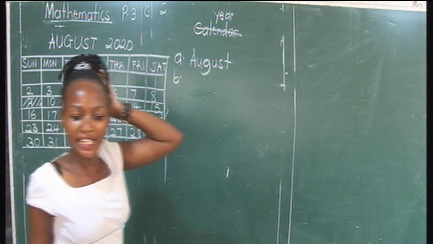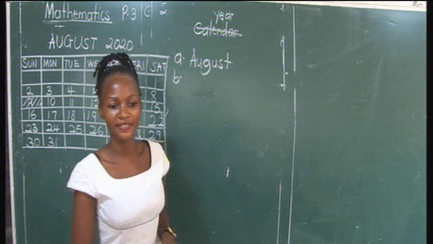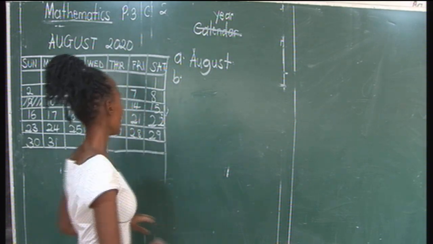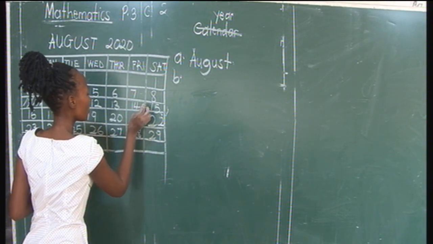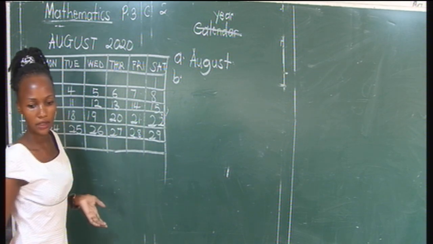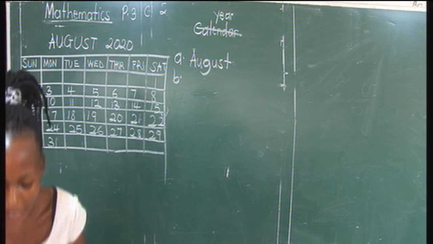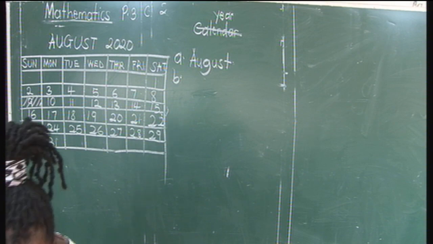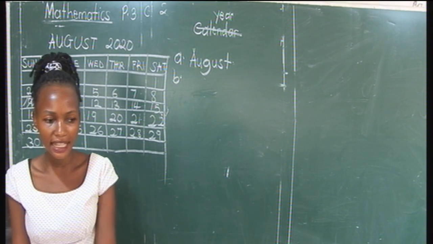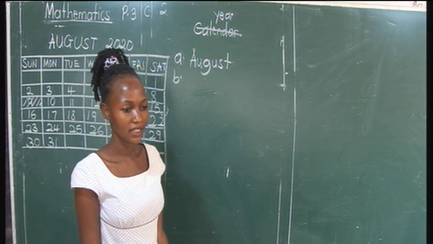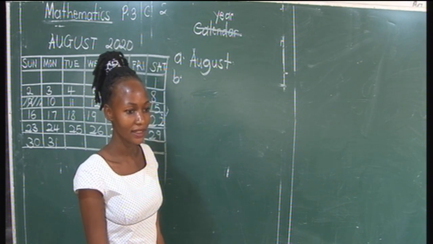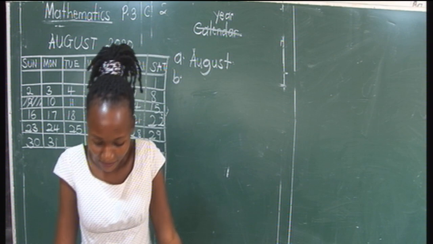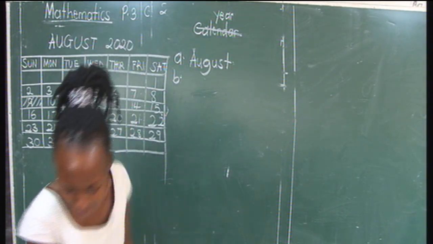Okay, how many Fridays have you counted? Here we are. This is Friday. Then you count. 1, 2, 3, 4. That is the answer. 4 Fridays.